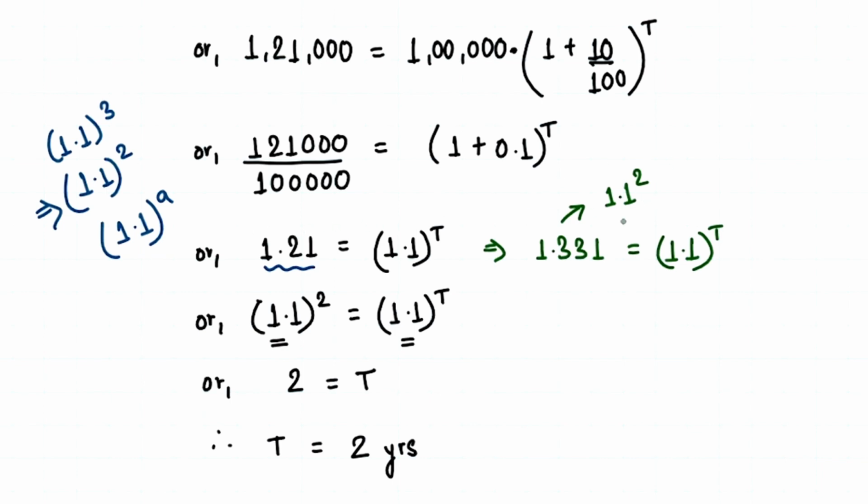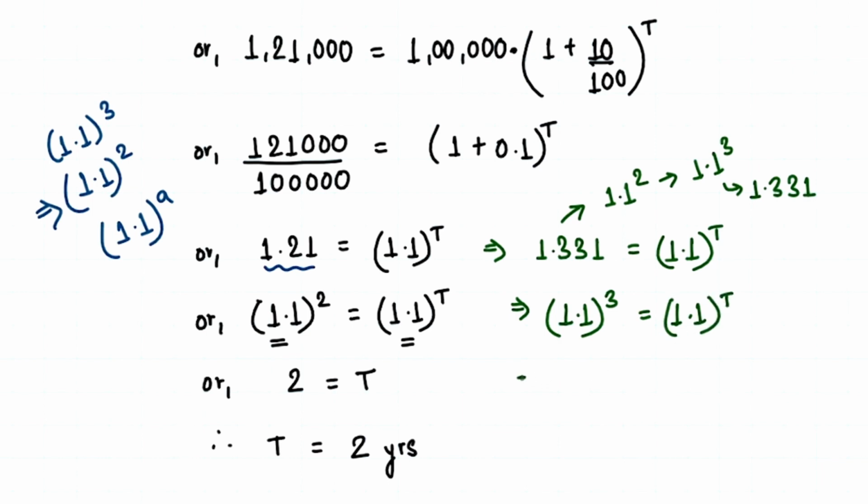And then if this does not give you 1.331, then you check 1.1 cube. And when you do that, you get 1.331. So 1.1 cube is 1.331. And then you write this 1.331 as 1.1 cube equals to 1.1 to the power of t. And then you get 3 is equal to t, because the bases are same. And in this way, the time could be 3 years.